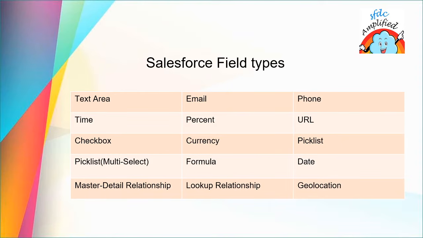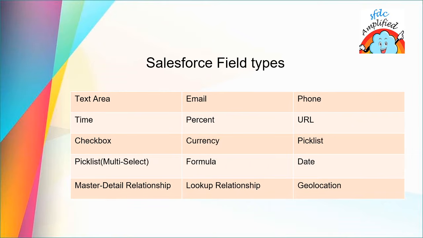Next, these are some of the field types present in Salesforce, which you can select while creating the columns, or you can say fields, in the object. So email, time, URL, date, formula, currency, geolocation.